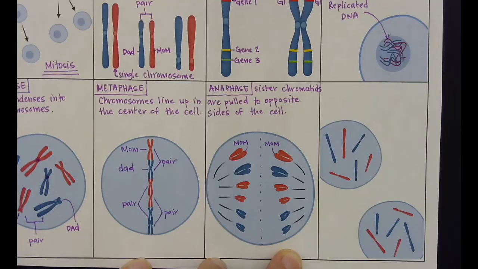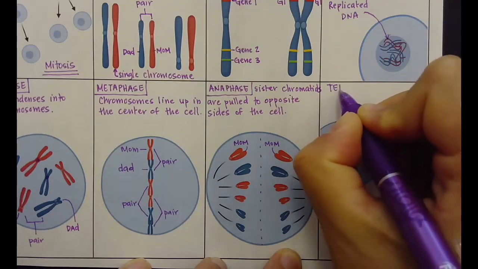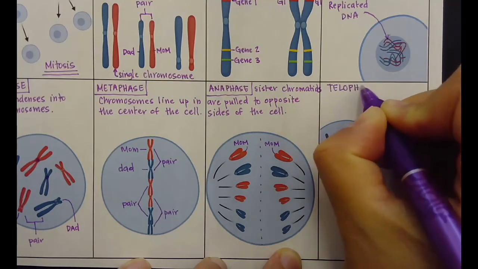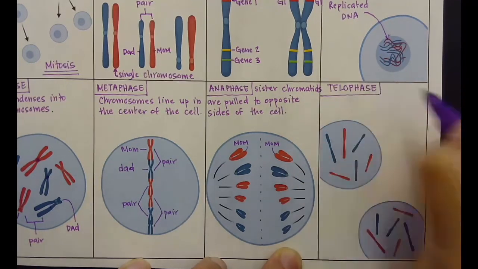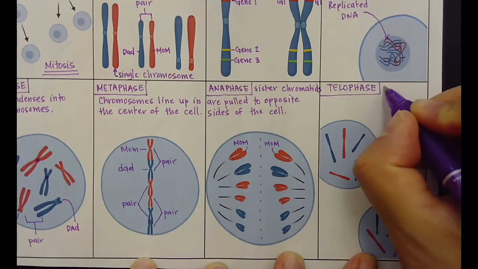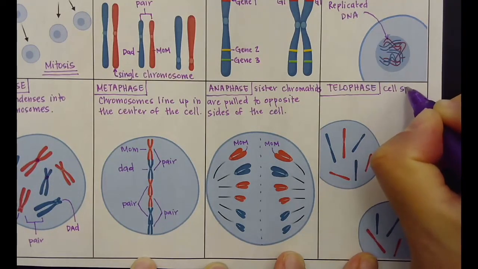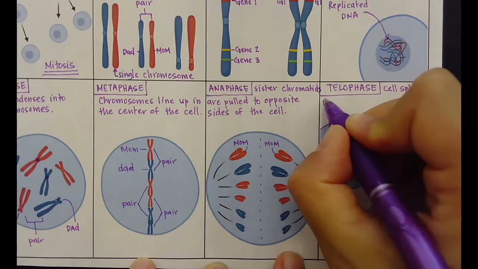All right, the last part of mitosis is called telophase. And in telophase, the cell splits into our 2 identical cells.